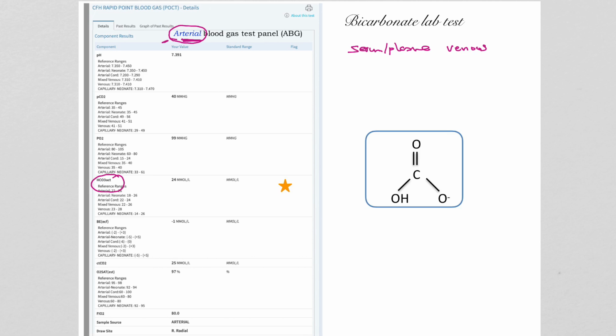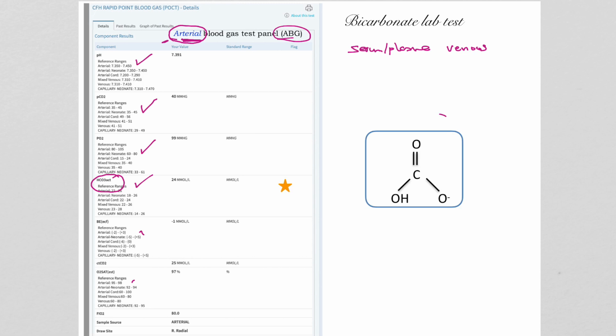blood vessel. And bicarbonate is really part of the arterial blood gases, the ABG panel. So you can see this panel has other very important tests that are done by an instrument, including pH, the partial pressure of carbon dioxide or PCO2, partial pressure of oxygen, and of course bicarbonate and a few other tests that we'll talk about later when we talk about acid-base balance.